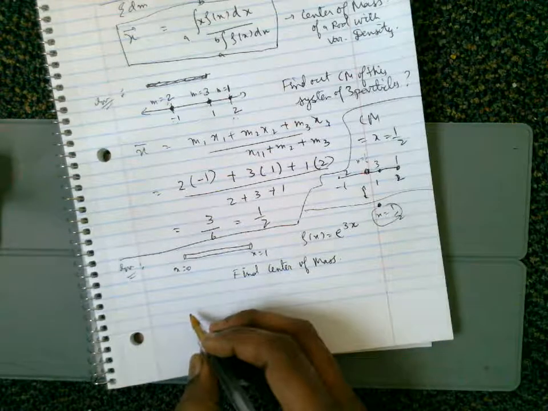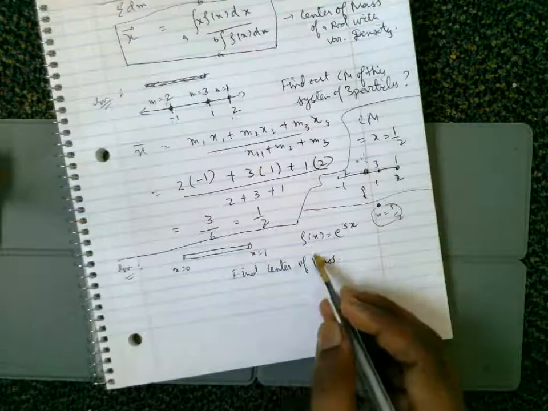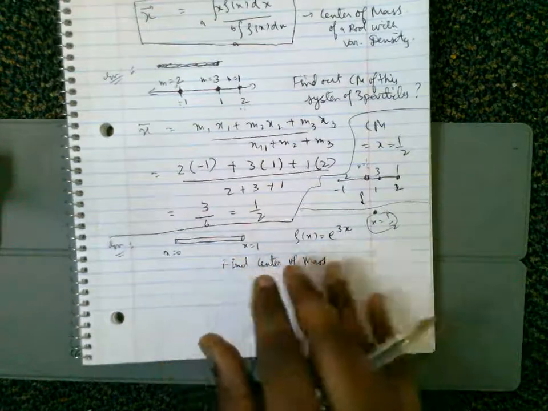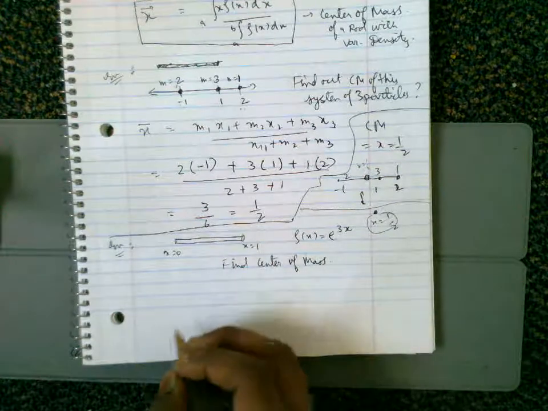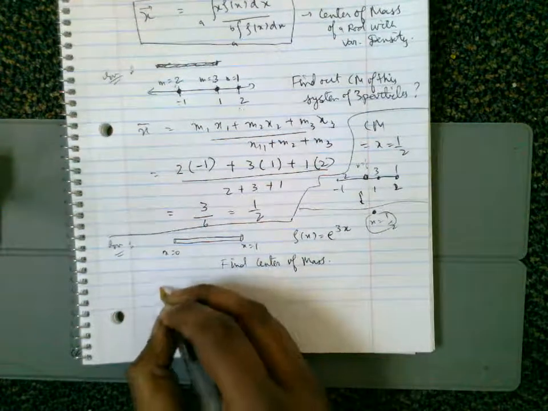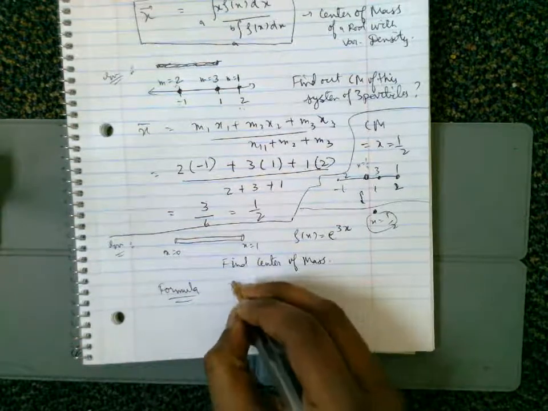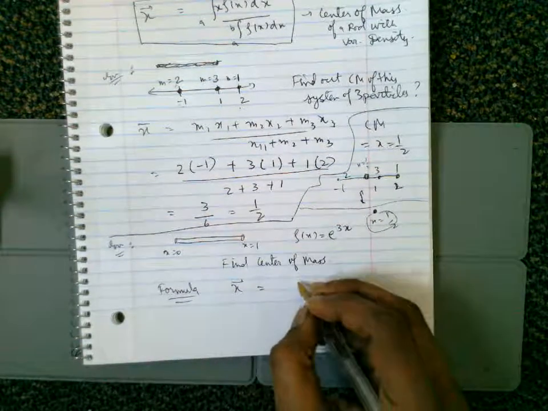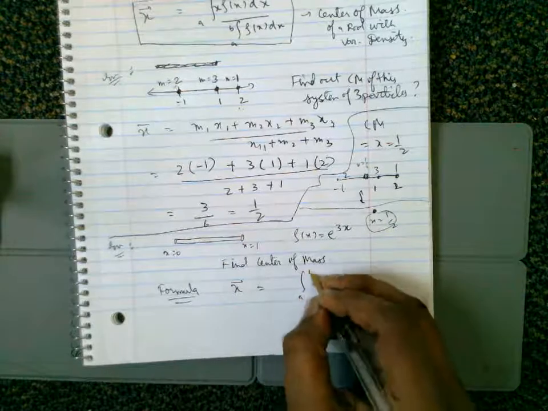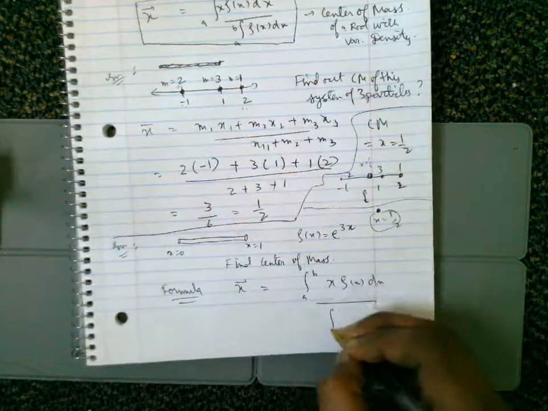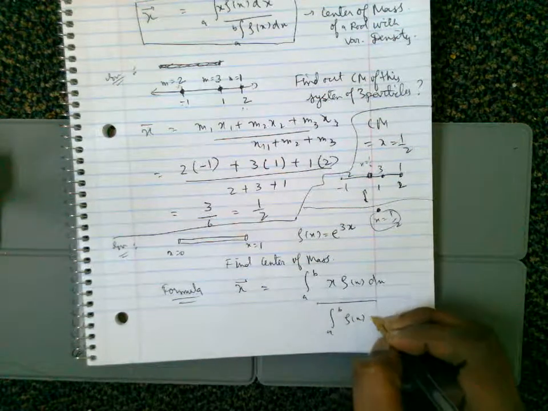All right, so we have another question. We want to find the center of mass of this rod with variable density e to the power 3x. From the formula, we know that the coordinate of the center of mass is the integration from a to b of x rho of x dx by the integration from a to b of rho of x dx.